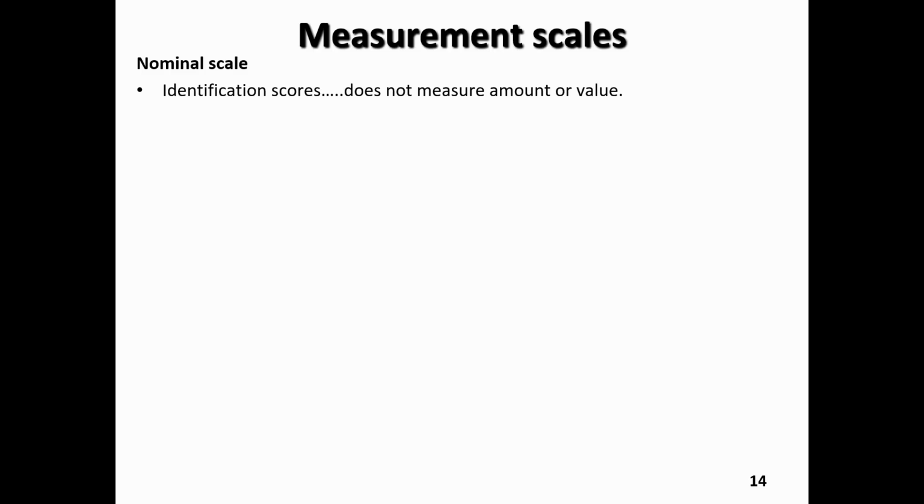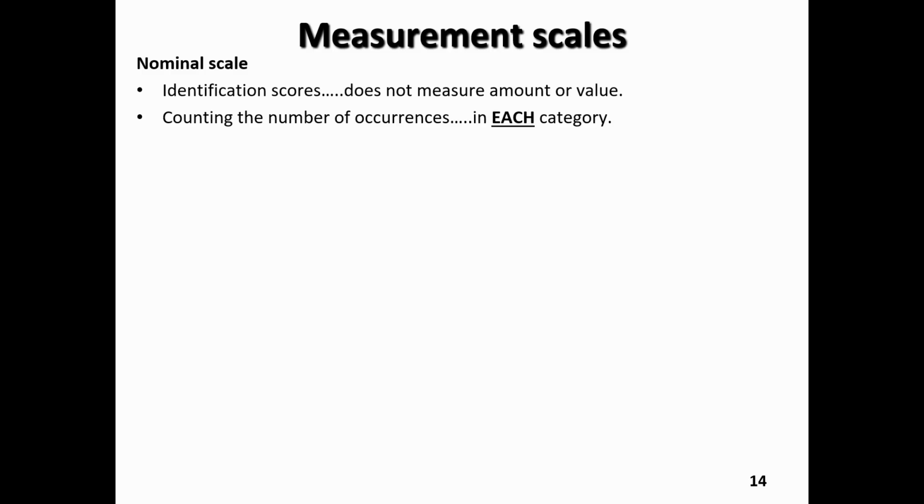Now, the nominal scale occurs when we apply numerical values to identification scores. And so we're not actually measuring; our number doesn't measure an actual amount or quantity or any inherent value. It just identifies different categories, but we use a numerical value to identify different categories.